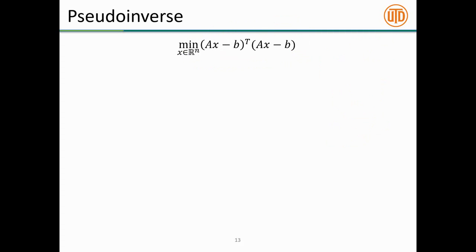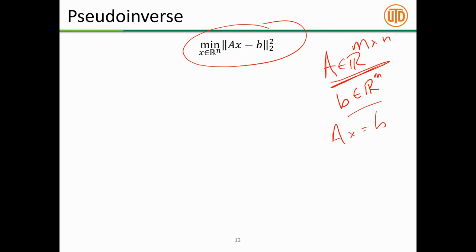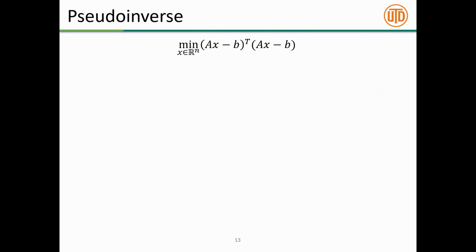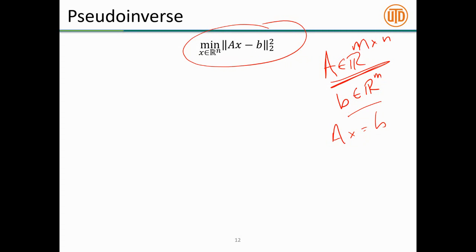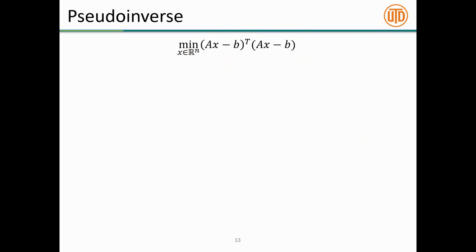So let's expand the definition to see what the quadratic form actually looks like. We write the 2-norm squared as (Ax minus b) transpose times (Ax minus b), because the norm of a vector x squared is just x transpose x.